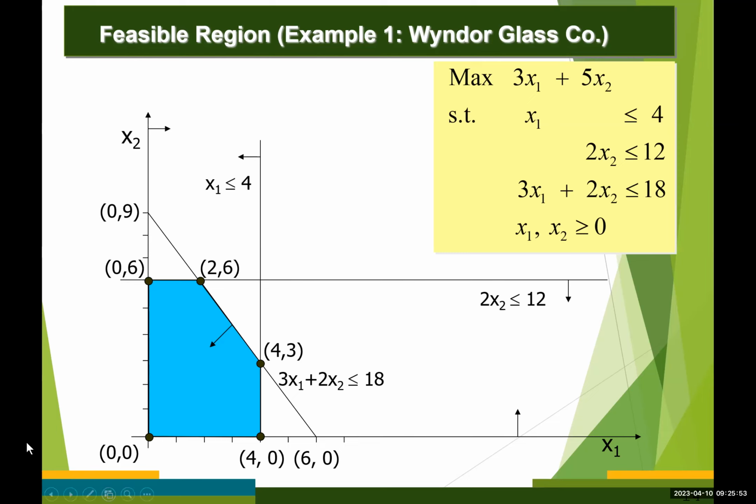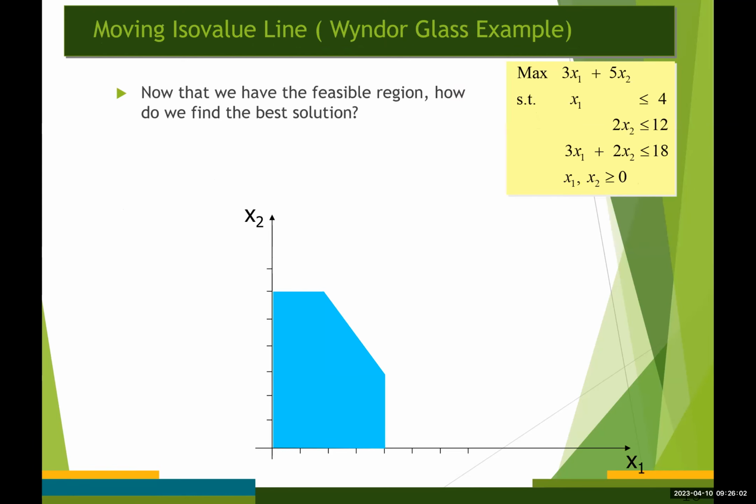Here the blue area is the feasible region of the window glass problem. Having identified the feasible region, now we can search for the optimal point. So we drew an isovalue line last time, do you remember?